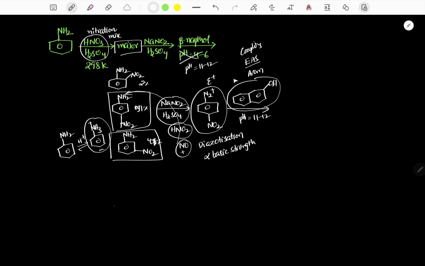For beta naphthol, the electrophile attacks at the alpha position. Therefore the corresponding product is N double bond N, benzene with para position NO2, and beta position OH. So it is the corresponding azo compound, and azo compounds are colored compounds.